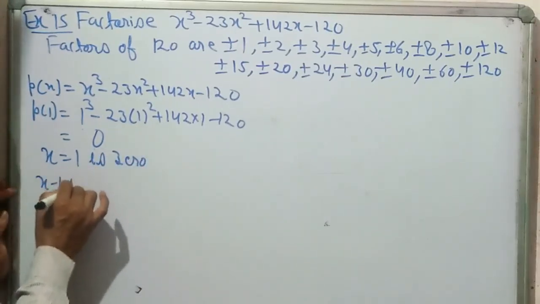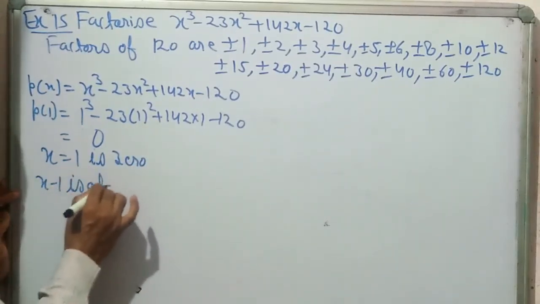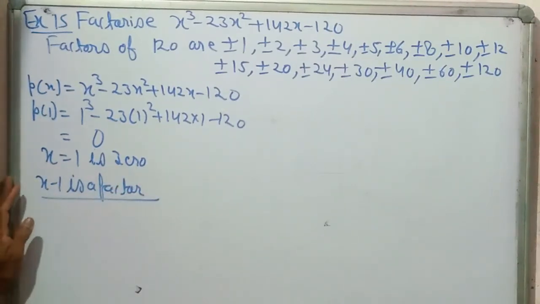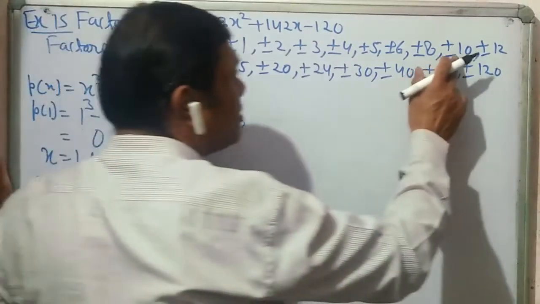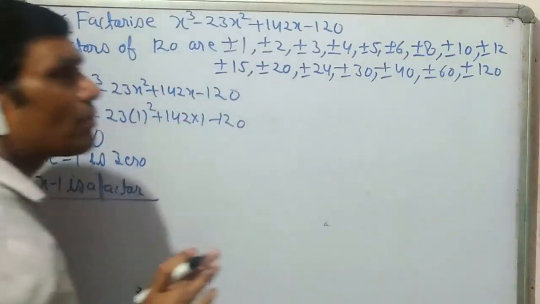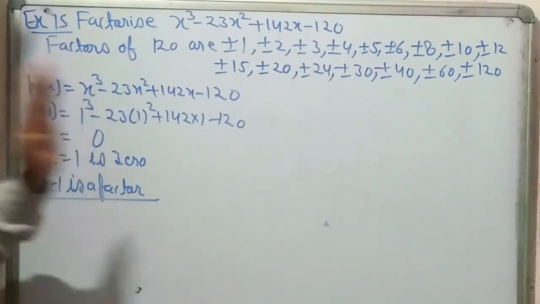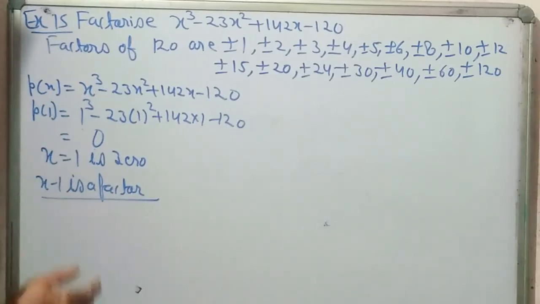X minus 1 is a factor. One factor we have got. I can tell you we can get 2 more factors, 10 and 12, by simply doing calculation. But in many cases it may not be possible to identify the other factors. There may be a repeated factor also.